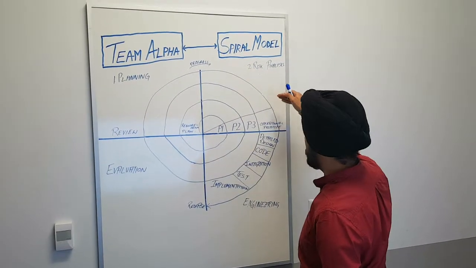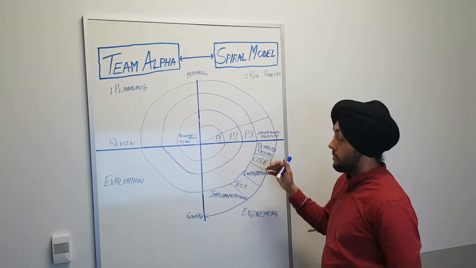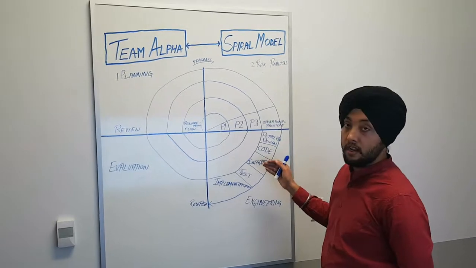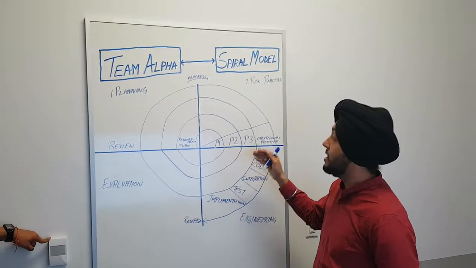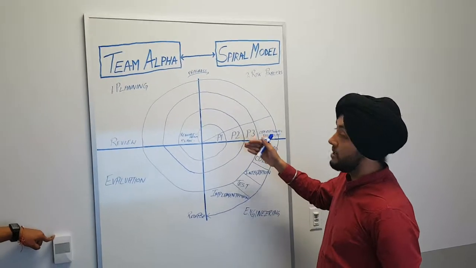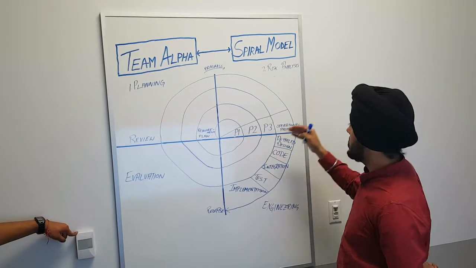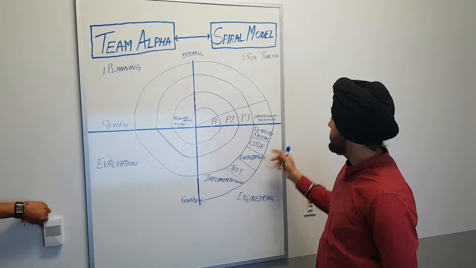Then we again go into risk analysis, and we come back into engineering. There is no limit as to how many loops we can have in this model. This can go on as long as the client is happy and the whole expenditure does not exceed their expectations.